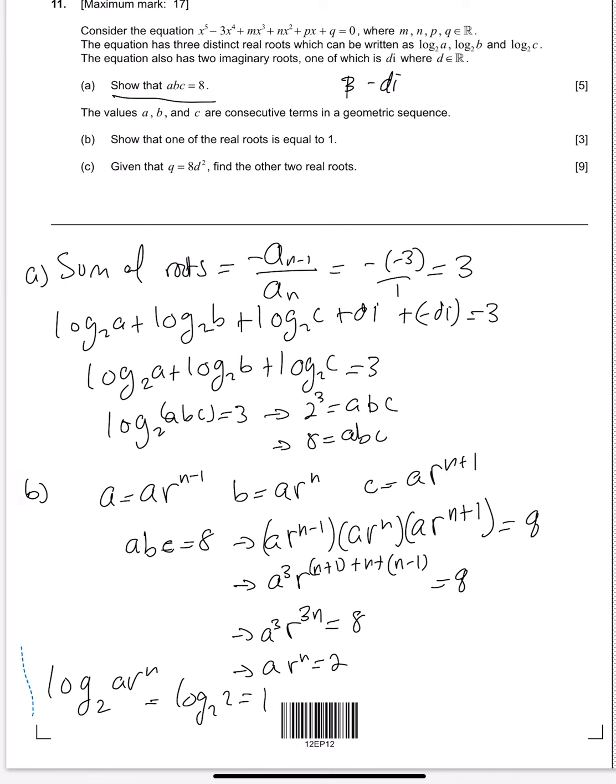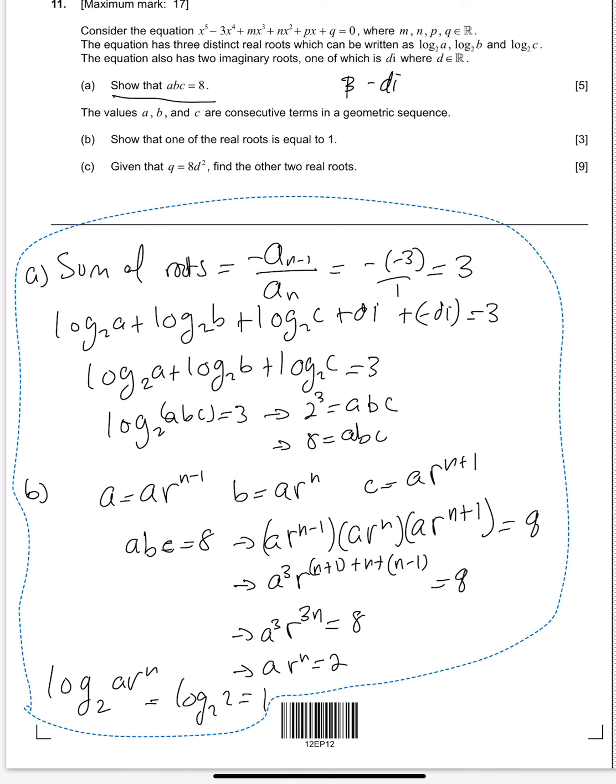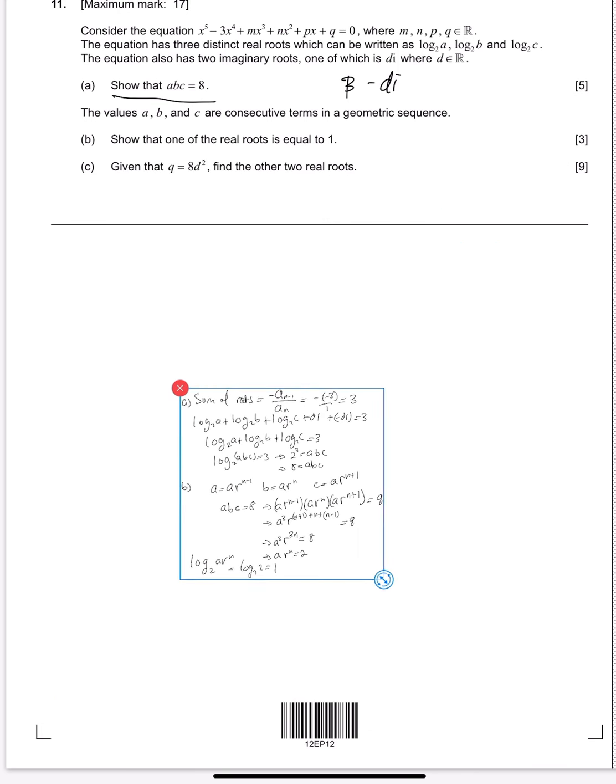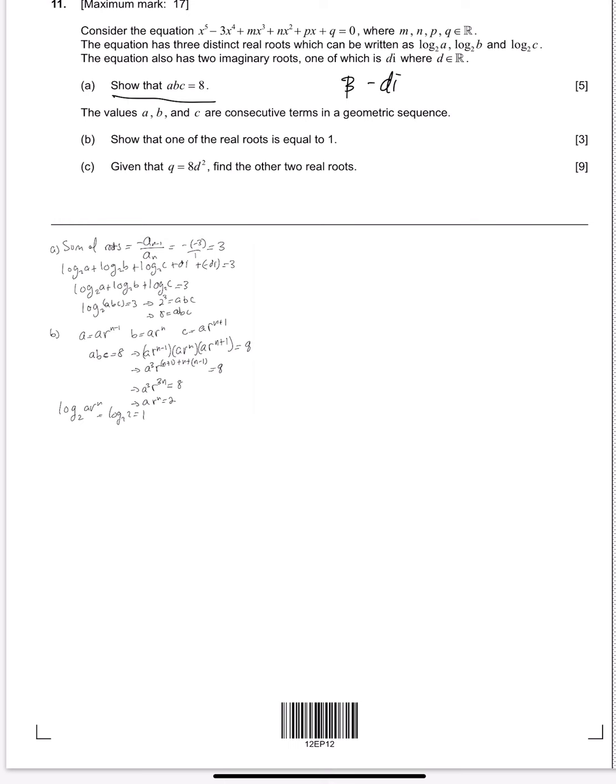Now we're going to move on to question C. And this time, I'm going to multiply complex numbers correctly. Minimize that. Okay, so we know that q equals 8d squared. And I'm going to use the product of the roots, because q right here is the constant term.